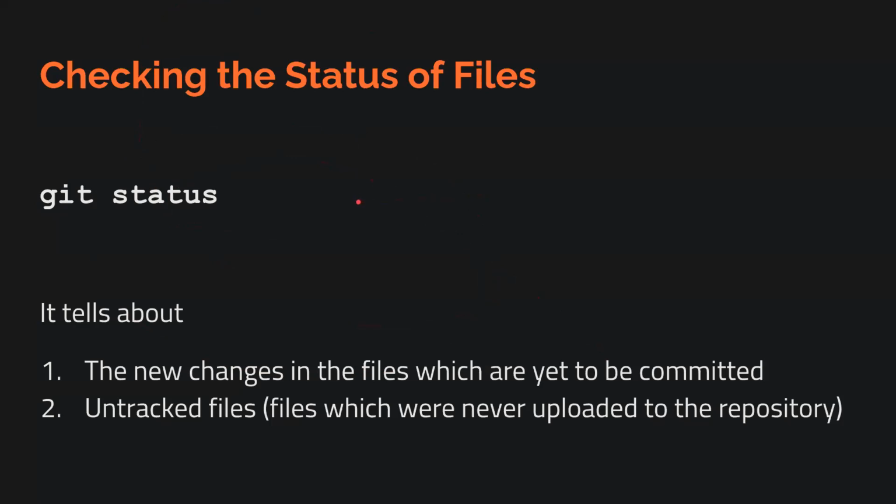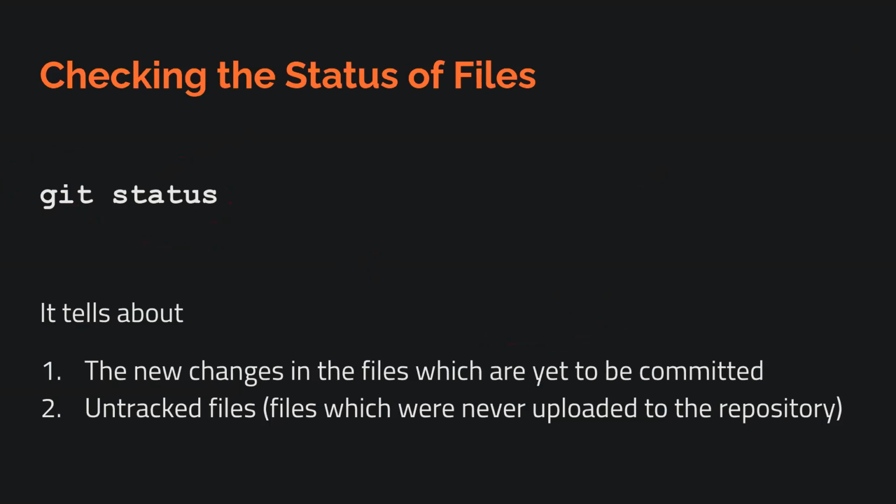You can try this on your system: git status. This will tell you the status of your repository for now. Why hello master? We'll talk about it later. It tells about the new changes to files which are yet to be committed. It tells the present state of your repository: what files have been modified and what files have been added to the staging area.